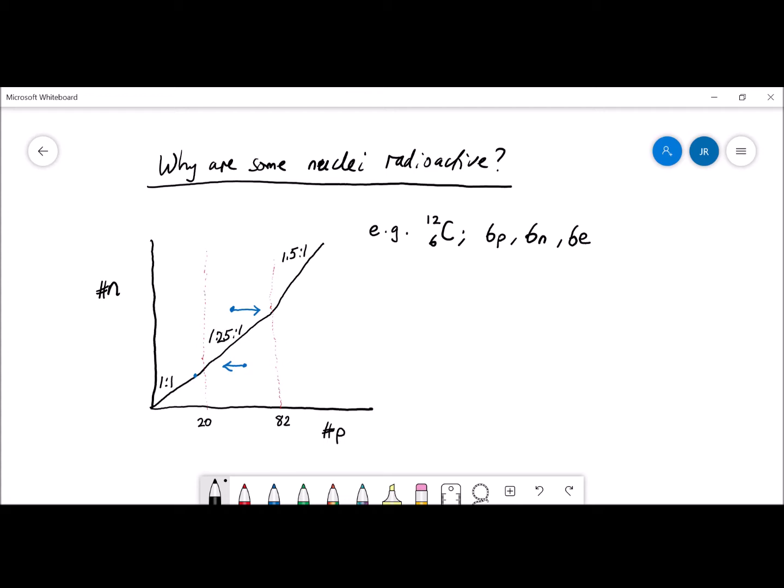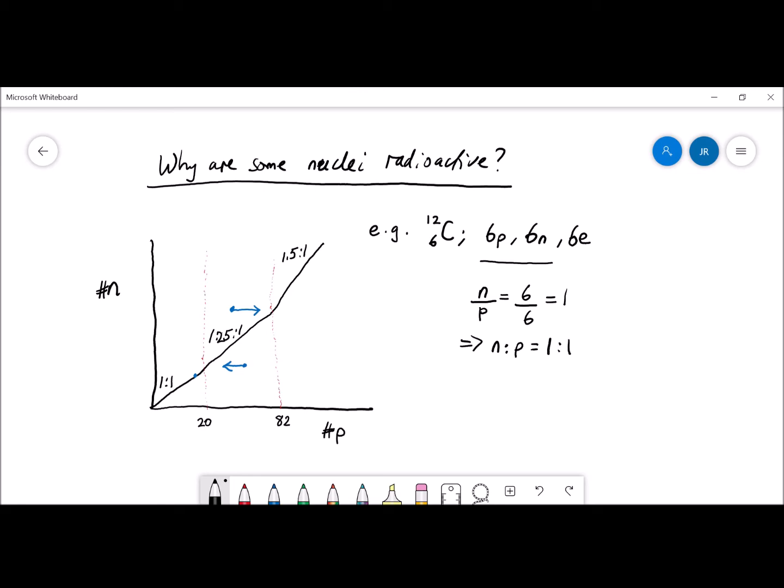But importantly, I've got 6 protons and 6 neutrons. So my number of neutrons divided by the number of protons is 6 divided by 6, which equals 1. So therefore, the neutron to proton ratio is 1 to 1.